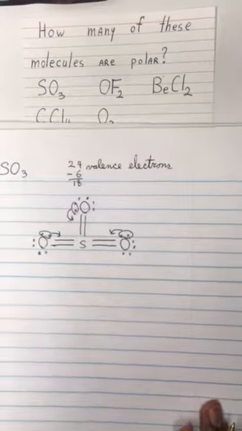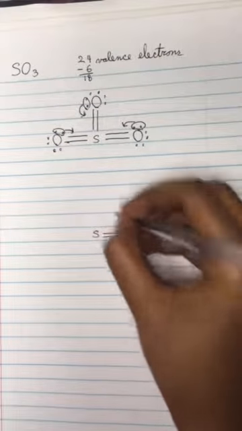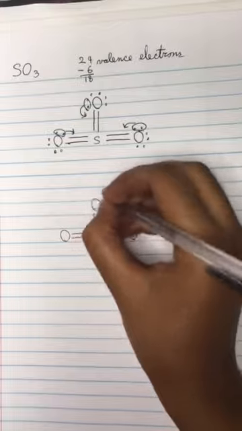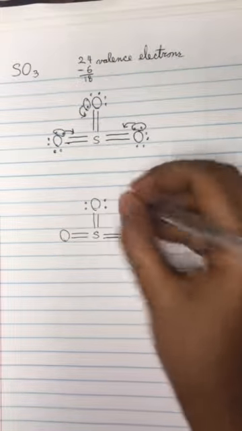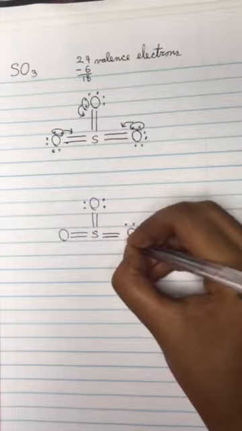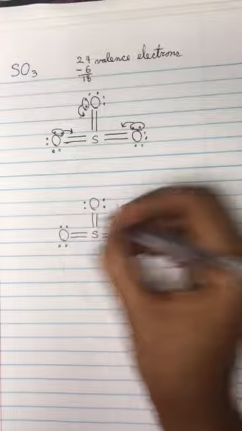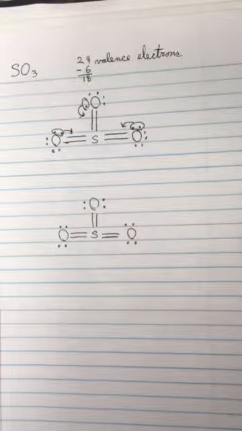This results in a Lewis structure where sulfur has double bonds with each oxygen atom. This is the Lewis structure for SO3.